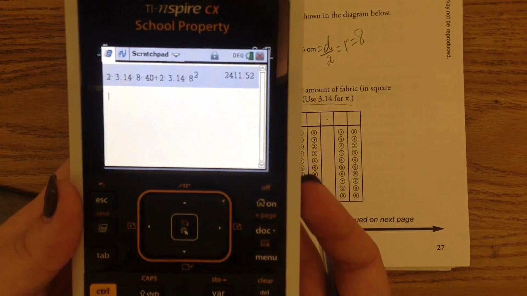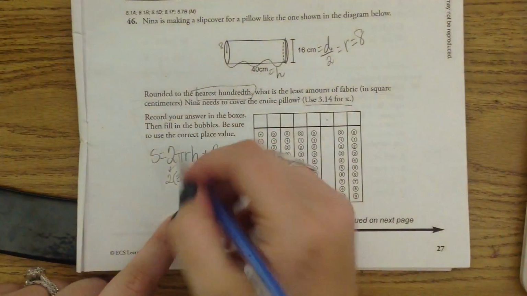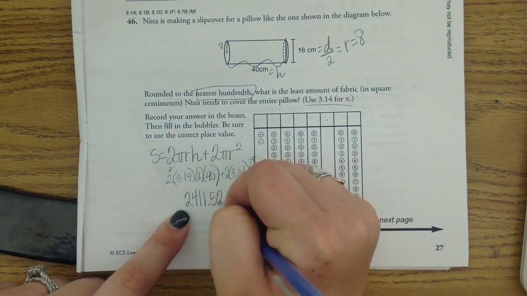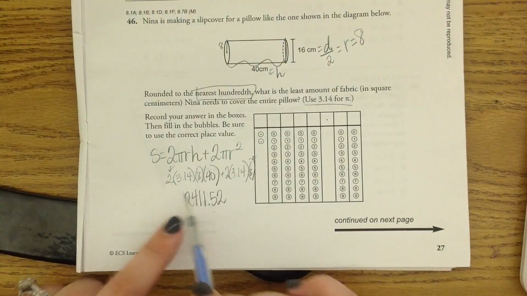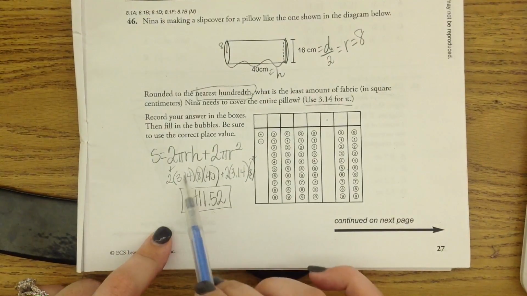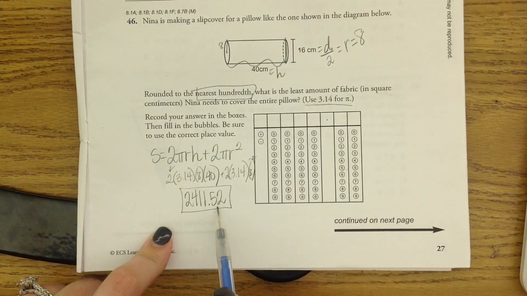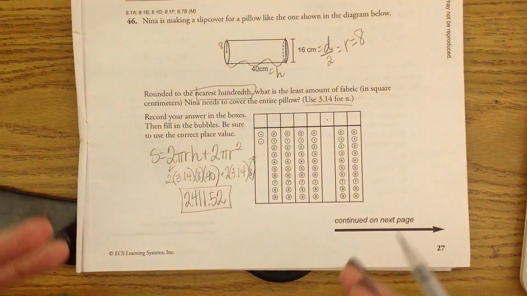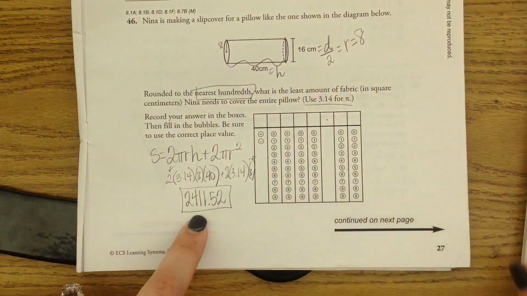Perfect. Hit enter. Okay, 2411.52. Well, we need to round to the nearest hundredth, and since we use this nice number for pi, 3.14, it's already rounded to the nearest hundredth. Then we'll go back and make sure that we did everything correctly, plugged in all of our numbers one more time.